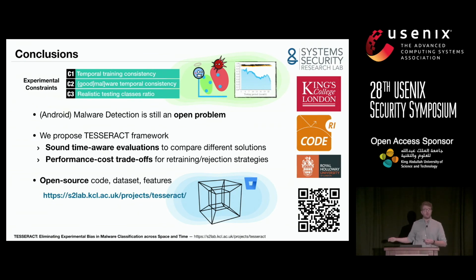There are more experiments about this in the paper. And the idea is that this tool also allows you to find trade-offs between different approaches and different retraining costs. Because if you need to retrain, you may need manpower of people being able to manually label it. So this can support a realistic evaluation that simulates how your detector will perform in the wild.